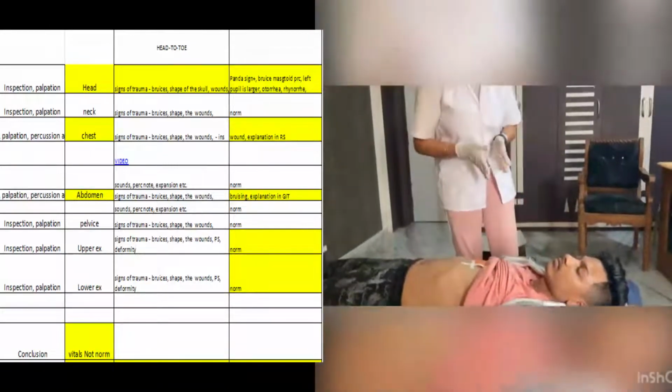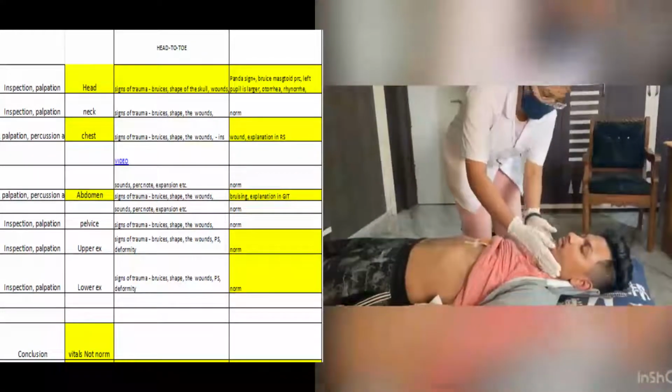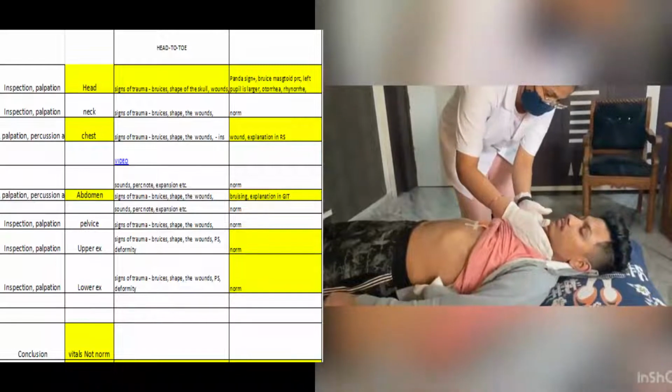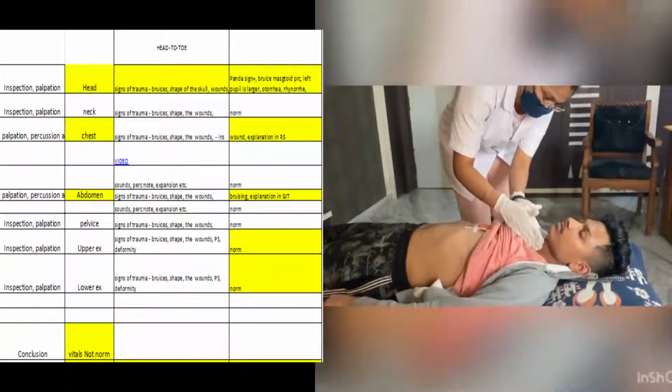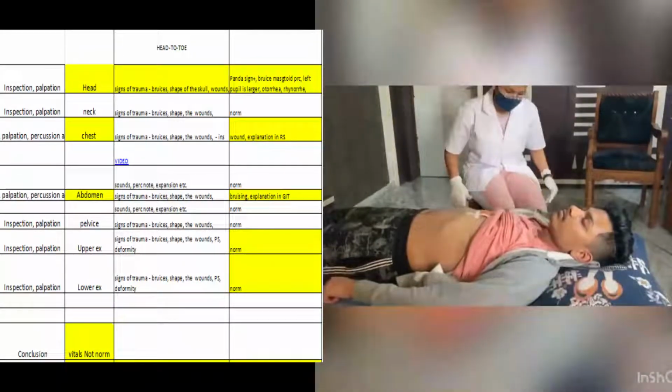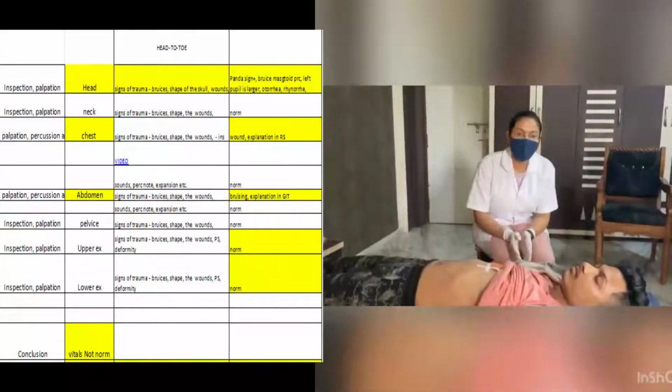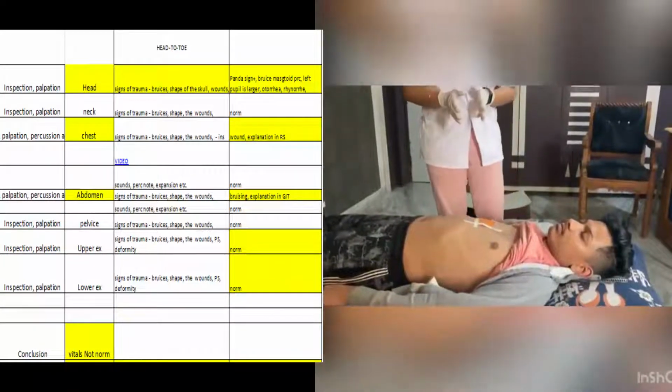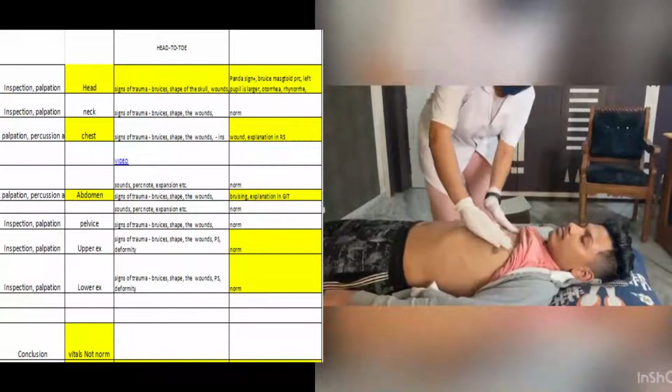Now I am going to palpate and inspect your neck. So the neck is normal and there is no bruises. Now I will palpate and percuss the chest.